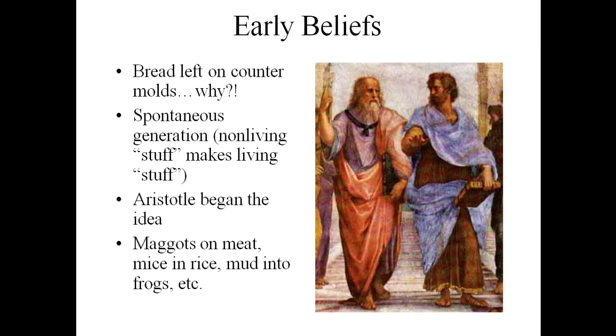They used to keep bags of rice, their grain and main foodstuffs, in their homes. Over a period of time, you'd notice that the amount of rice goes down, but when you get into that bag, there'd be lots and lots of mice that would come out of it. So their theory was, well, some of that rice got converted into mice. That's where this idea of spontaneous generation really began. Not necessarily all that accurate, but an interesting idea nonetheless.